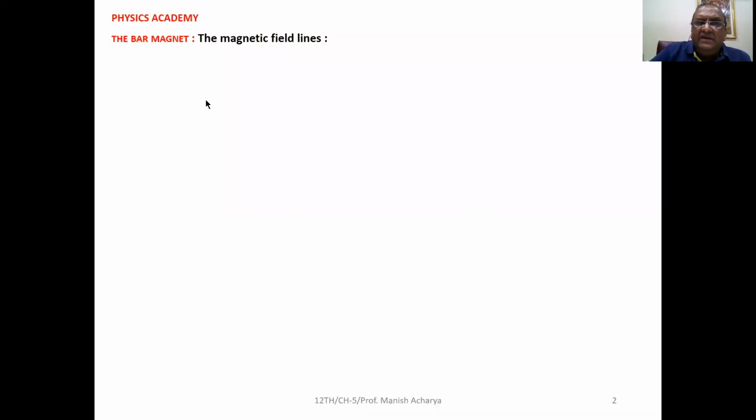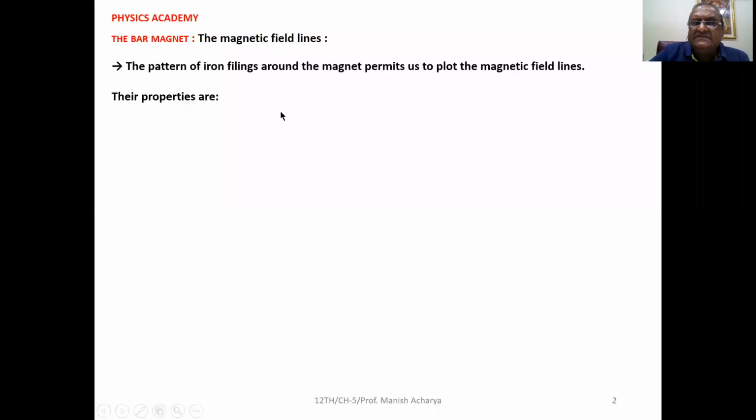The bar magnet and the magnetic field lines. See, if we have a bar magnet and we sprinkle iron filings in its surroundings, then the arrangement of the iron filings will give you the magnetic field lines.